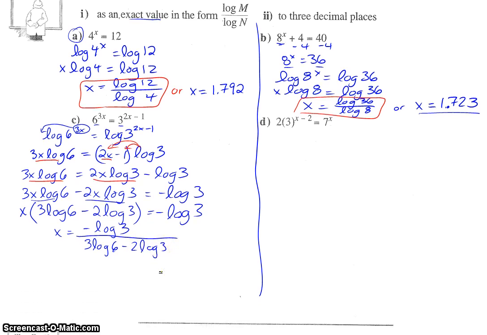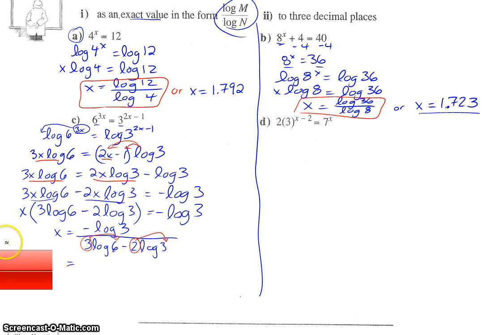The only thing is they said that we should write it in log m divided by log n form. So let's take a look at that. The numerator looks pretty good, except there's no negative sign in front, but we'll take care of that. In the denominator, we want to combine these logs. So we're going to use our logarithm laws again, except we can't combine them until these little coefficients go back into the exponents, right?